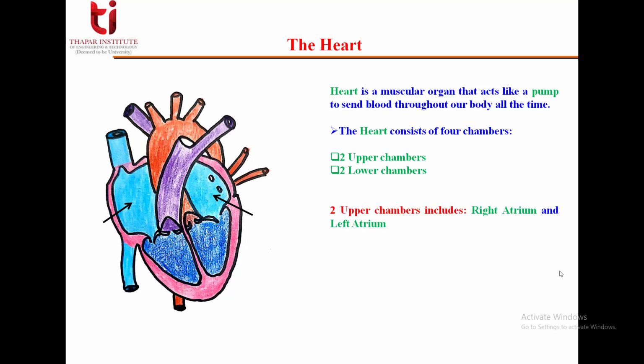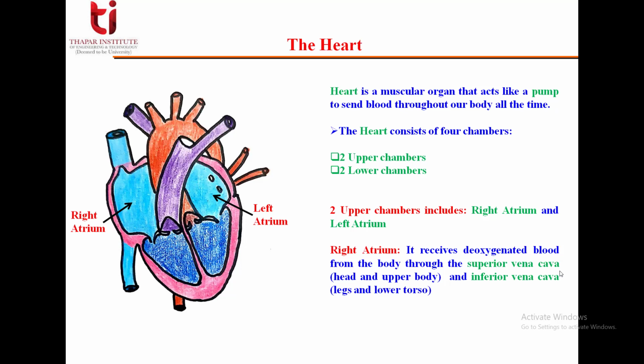The 2 upper chambers include the right atrium and the left atrium. The right atrium receives deoxygenated blood from the body through the superior vena cava, which involves the head and upper body, and the inferior vena cava, which involves the legs and lower torso.